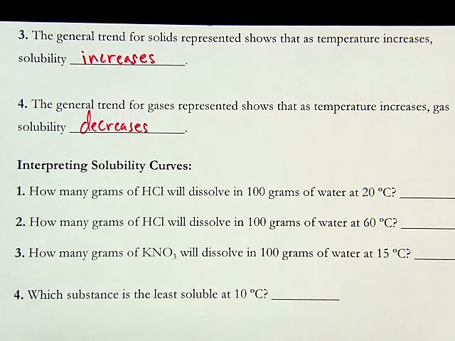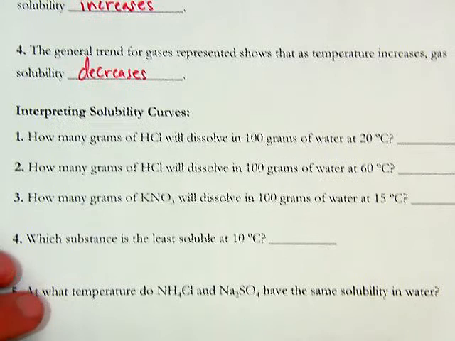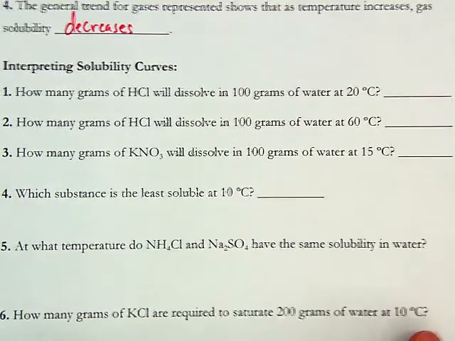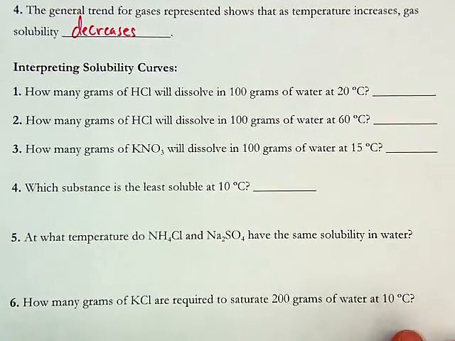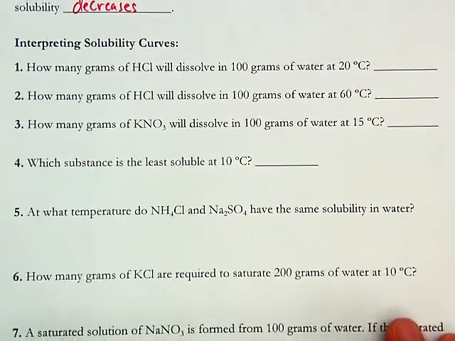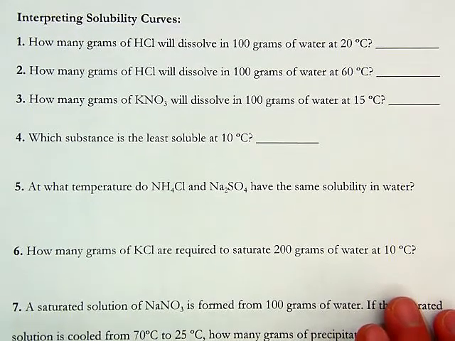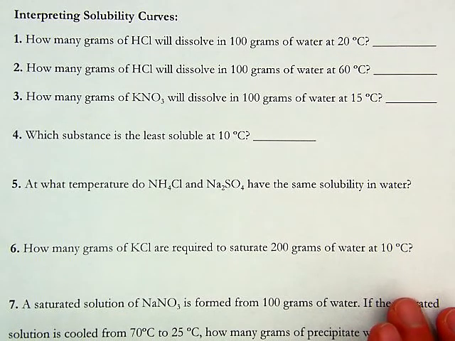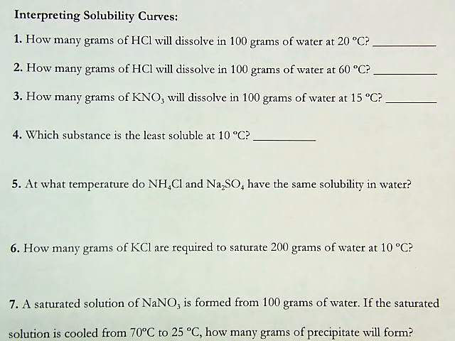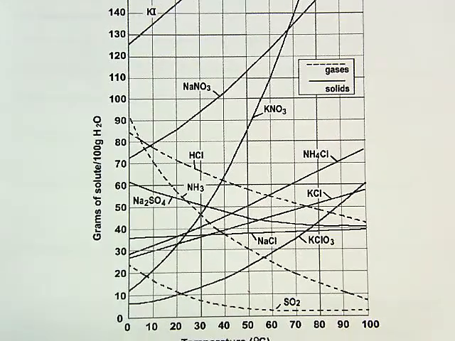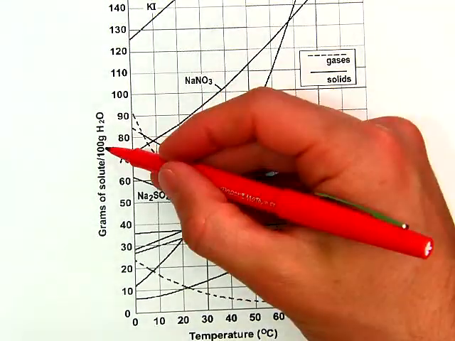Okay, so now we're going to interpret the solubility curves. We're actually going to do some finding of numbers and maybe doing some calculations. So number 1 says, how many grams of HCl would dissolve in 100 grams of water at 20 degrees Celsius? So this graph is showing you how much of a substance will dissolve in 100 grams of water.